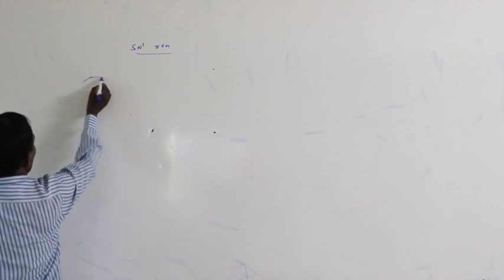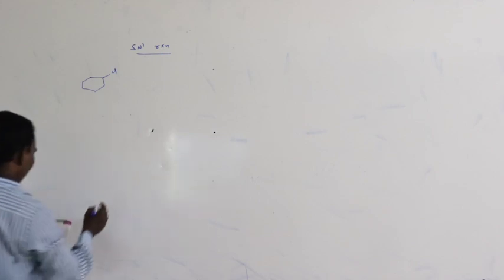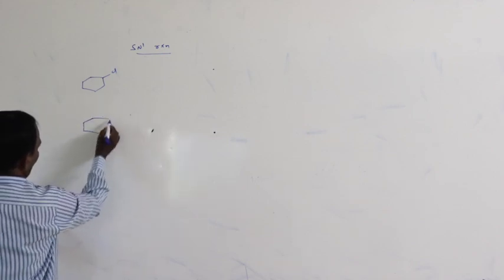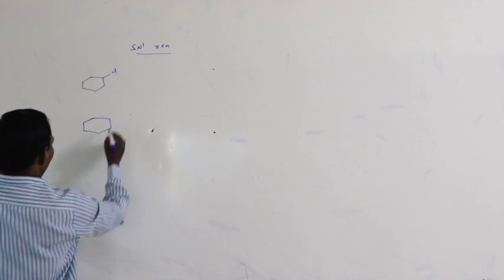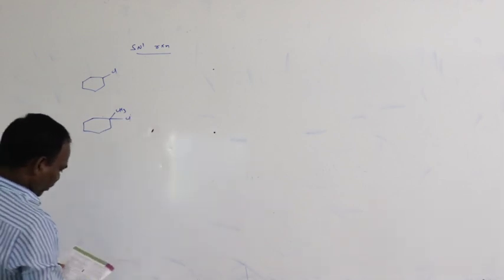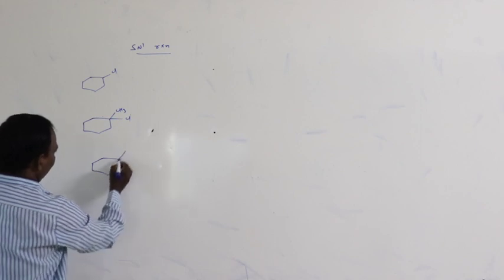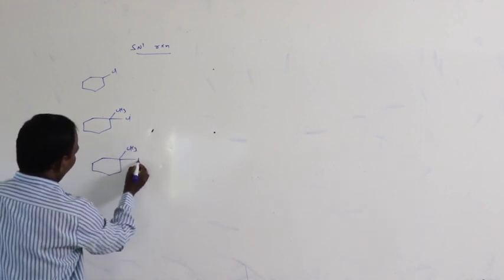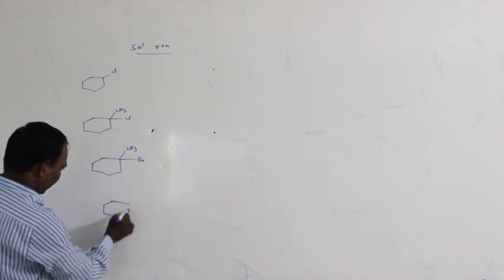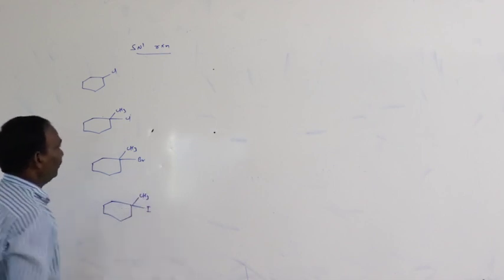First compound is chlorocyclohexane, and second compound is with methyl and chlorine substitutions, and one more with a methyl group and bromine substitution, and another compound given like this, methyl and iodine.